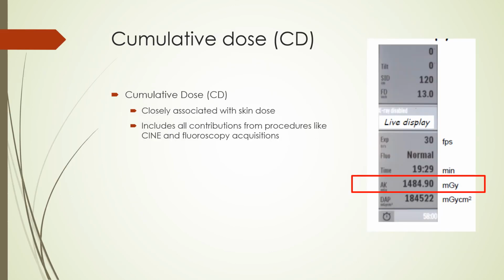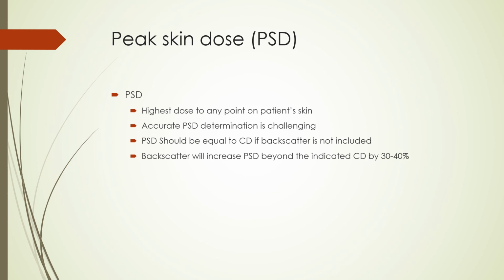The cumulative dose as a direct method is the quantity most closely correlated to skin dose in fluoroscopy guided procedures, as all contributions to skin dose from both fluoroscopy acquisitions and cine recordings are included. Once we know the cumulative dose, we can use that to determine the peak skin dose or PSD. This refers to the highest dose to any single area of a patient's skin.